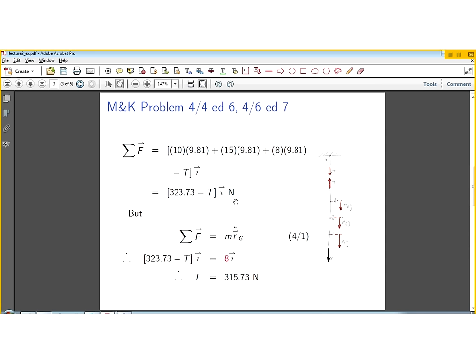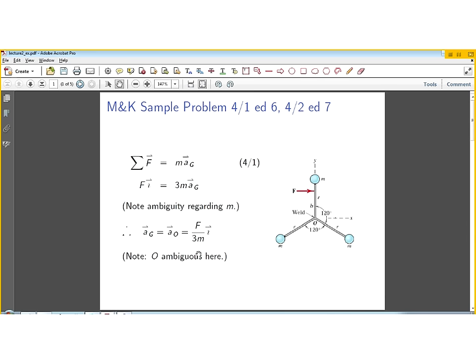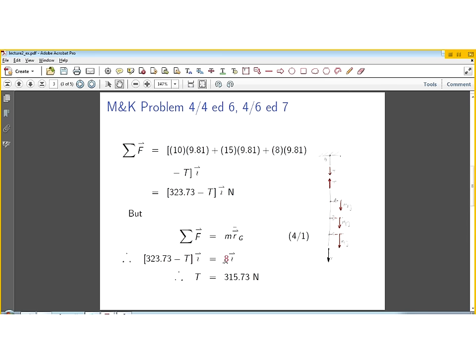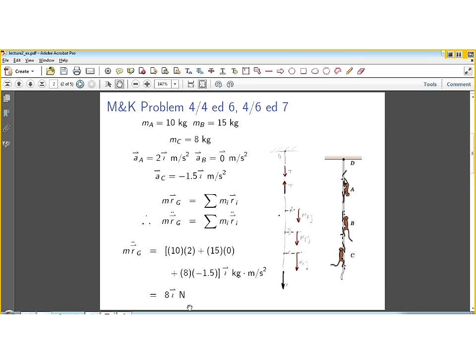If I calculate this, I get a value of 323.73 minus T i Newton. And now I can equate the resultant force on the left-hand side to the mass times acceleration of the center of mass on the right-hand side, which we've calculated as 8I. Let me go back. My link didn't work. On the previous slide, we calculated 8I Newton.